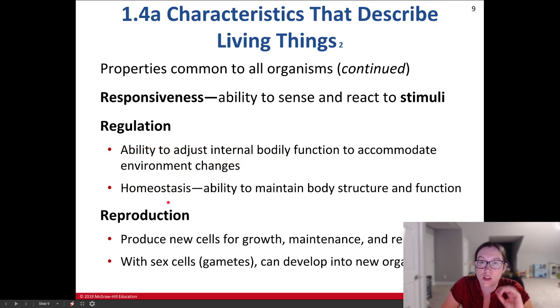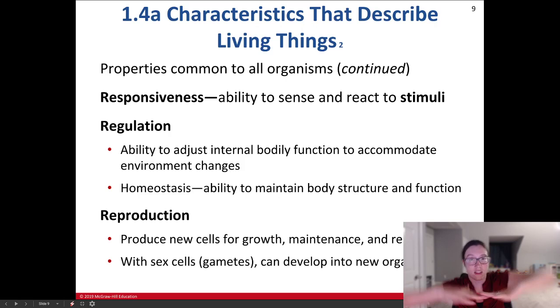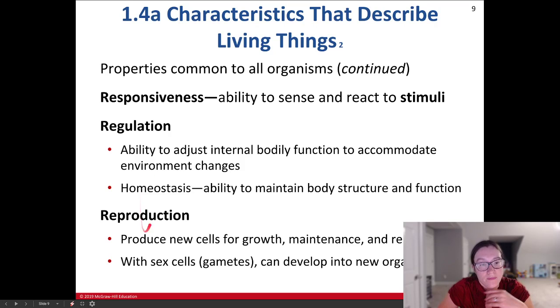Homeostasis is a really big thing that we're going to talk about. Homeostasis is the ability to maintain the body's structure and function, usually in the face of changes in the external or internal environment. So we want everything to stay balanced. Homeostasis is a very important concept, and we'll talk about that at the end of this lecture.